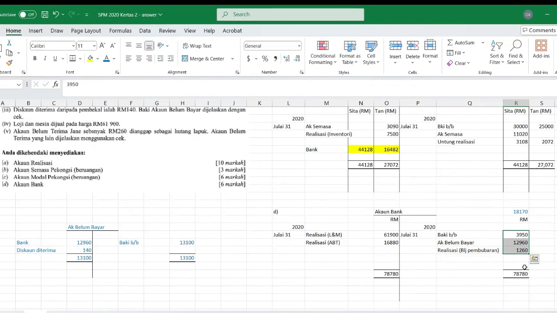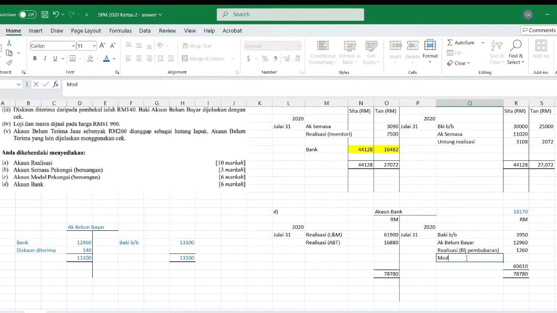The cash still in the bank is 60,610. So let's see if the amount that should be paid to SITA and TAN, these two in yellow, does it sum up to 60,610? So let's add up these two with your calculator. Okay, 44128 plus 16482. It is 60,610. It does tally.